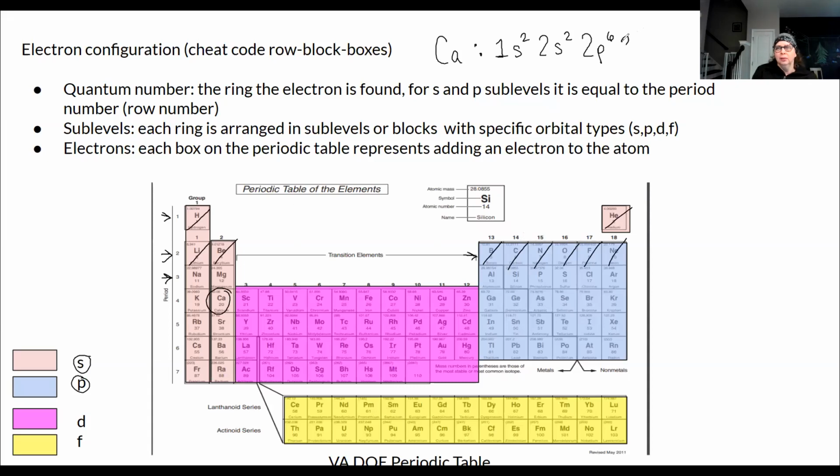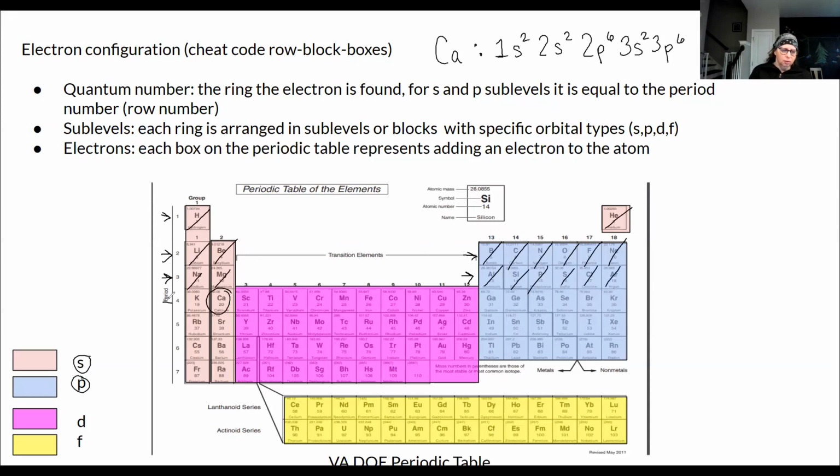Row 3, block S. How many boxes? 1, 2, 3s2. Row 3, block P. Boxes 1, 2, 3, 4, 5, 6. 3p6.